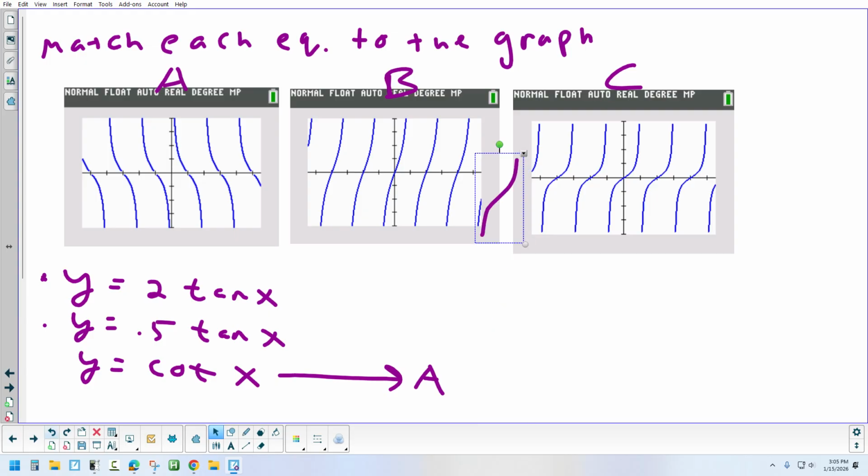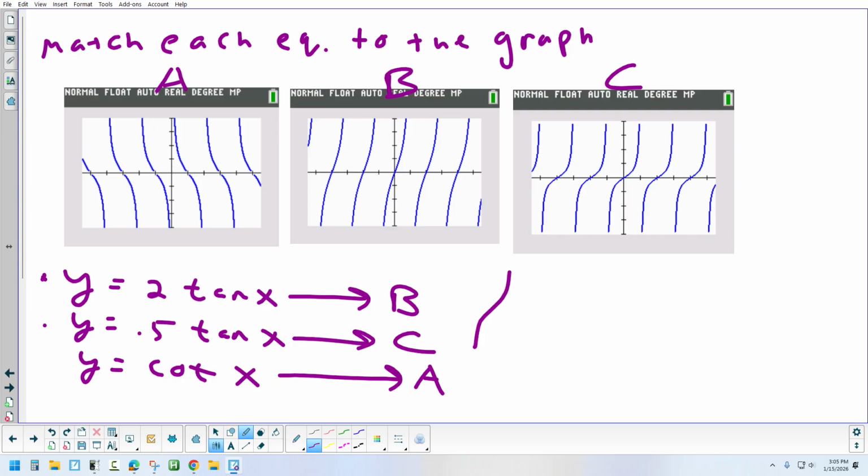So that means B is the graph that looks more stretched, and C is the one in the middle. The more compressed I make it, the more pronounced I could make this curve in the middle. So any questions on matching up an equation to a graph? Okay.